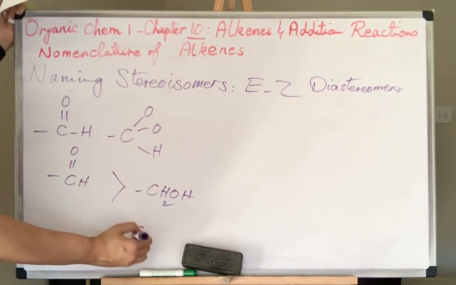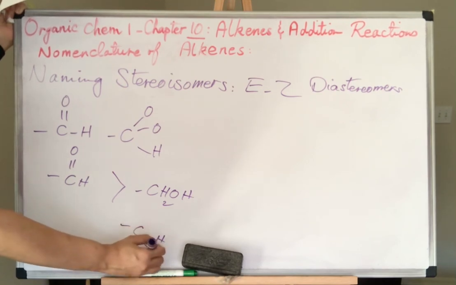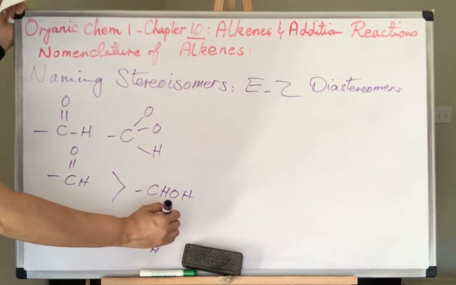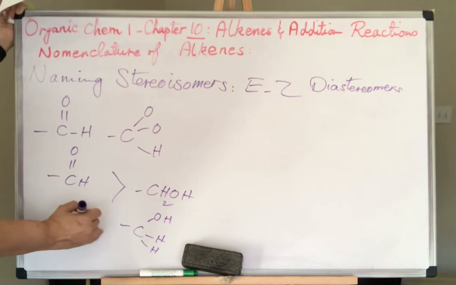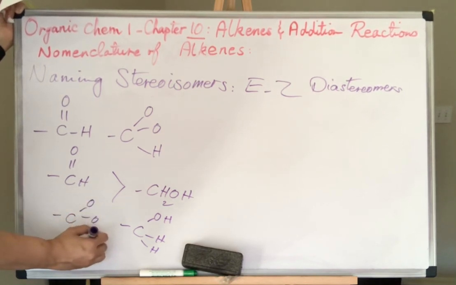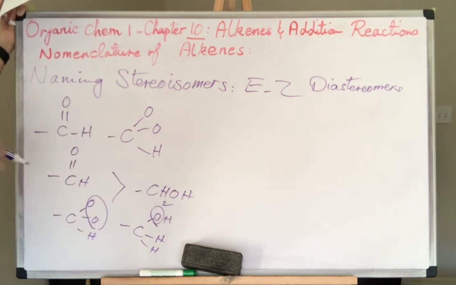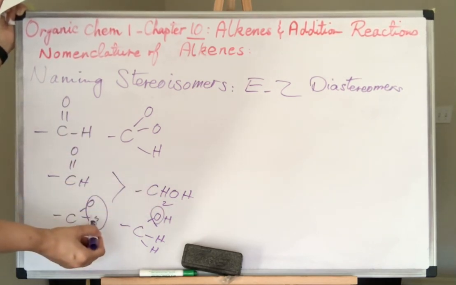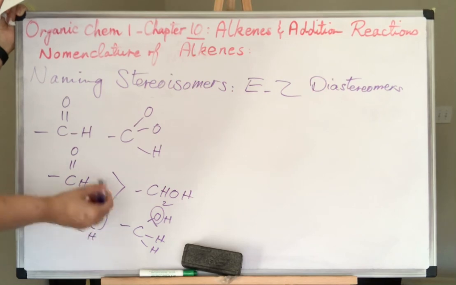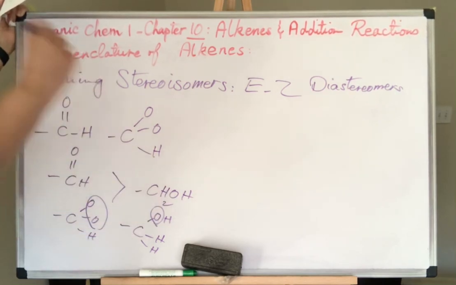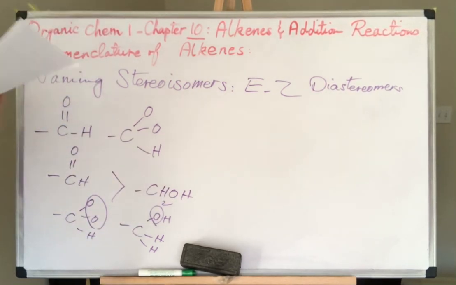Because CH2OH is like CH2 and OH, right? And here, carbon connected to 2 oxygens versus carbon connected to 1 oxygen. 2 oxygens have higher atomic number than 1. I mean, not atomic number, but higher priority.